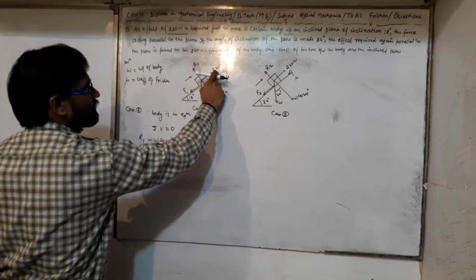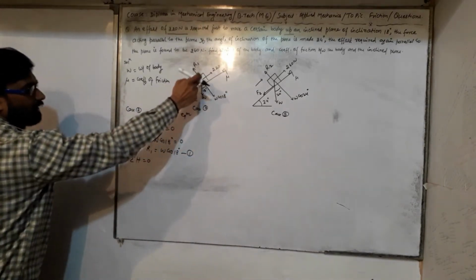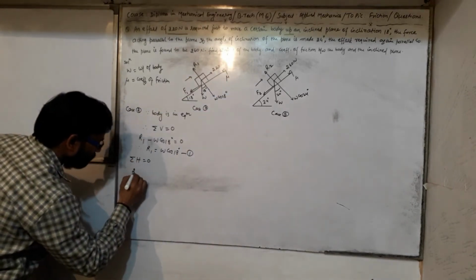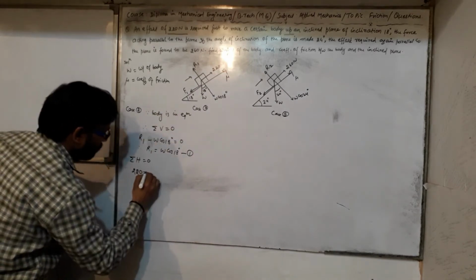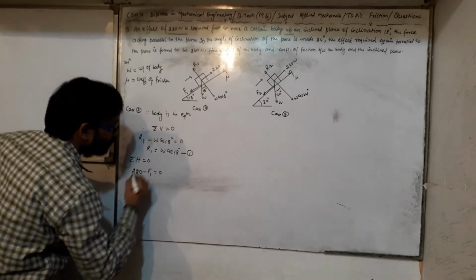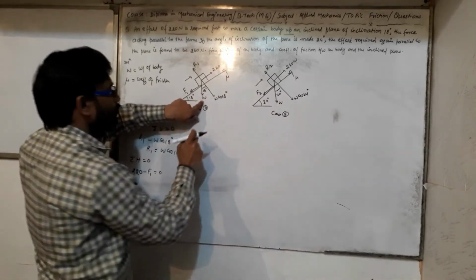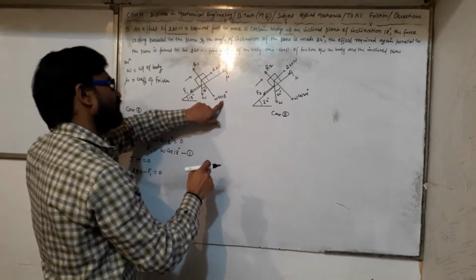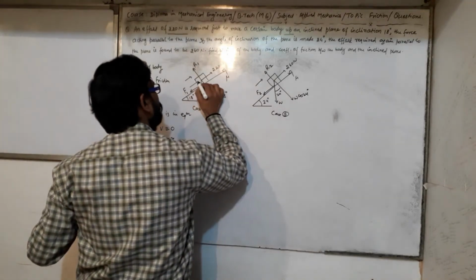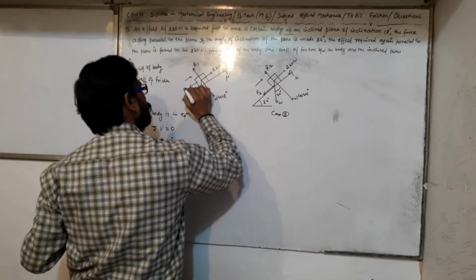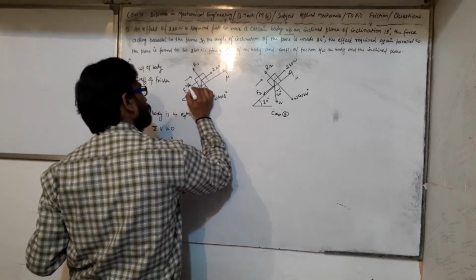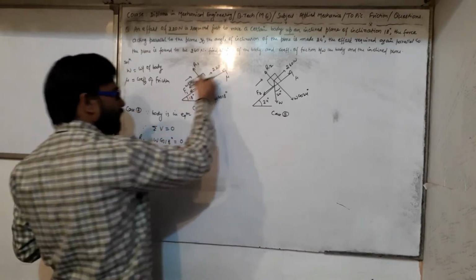If I take this as positive, then this must be taken as negative. So we can say 220 minus F1 must be equal to 0. Oh, sorry, I'm very sorry. W has one component in this direction, so W sin 18 degree would act in this direction.